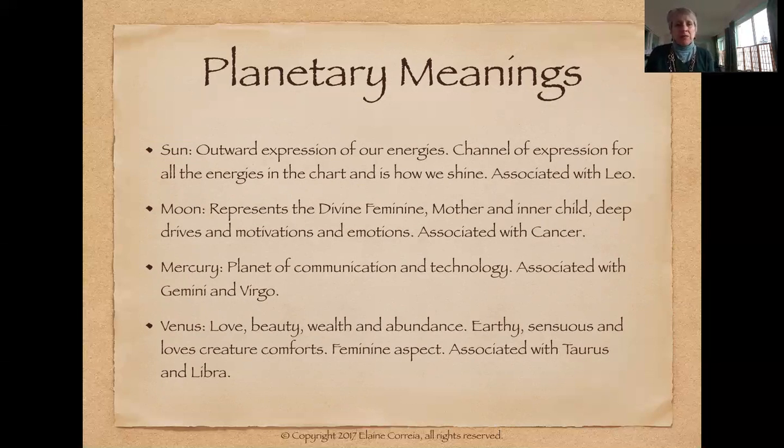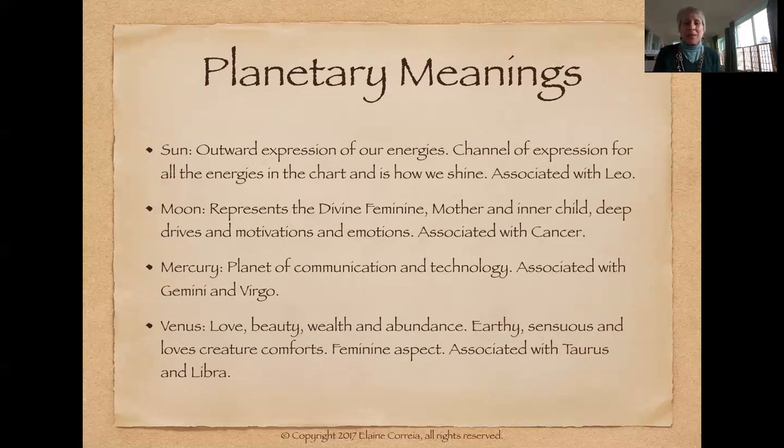Venus is the planet of love, and she's the goddess of love in Greek and Roman mythology. And she represents beauty and wealth and abundance. It's a very earthy energy, very sensuous, and loves creature comforts and food and soft things and silk, those things that are very earthy, comfortable.